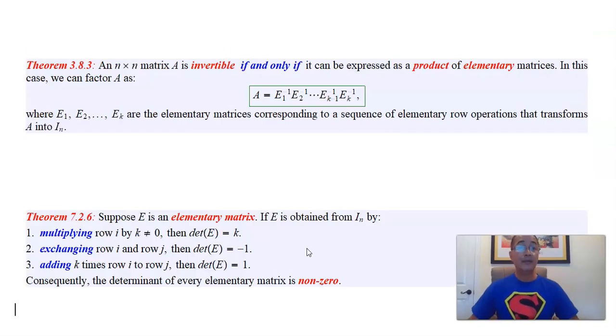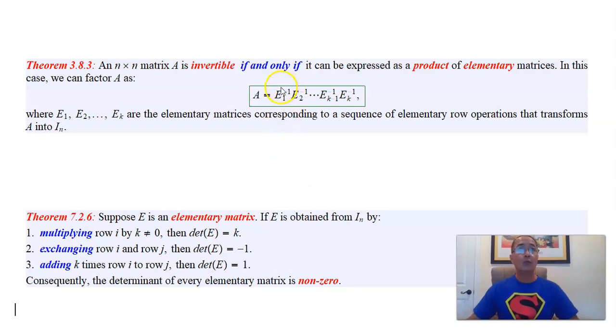Now let's bring back three theorems which concern elementary matrices. An n by n matrix A is invertible if and only if it can be expressed as a product of elementary matrices. We saw that in that algorithm where you put A on the left and the identity on the right, the sequence of row operations that we use in order to bring A to its REF of In can be used to factor A into elementary matrices.